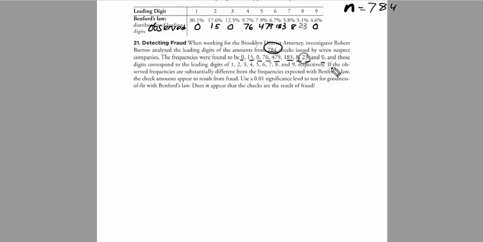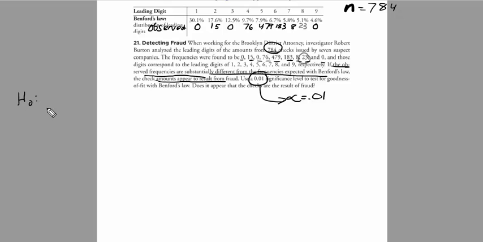Now, if the observed frequencies are substantially different from the frequencies expected with Benford's law, then the checked amounts appear to result from fraud. Use the alpha is 0.01 significance level to test for goodness of fit with Benford's law. Does it appear that the checks are the result of fraud?